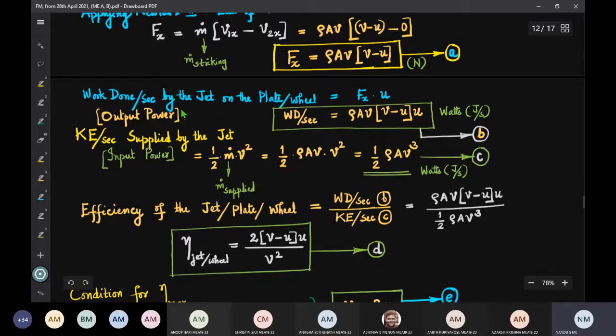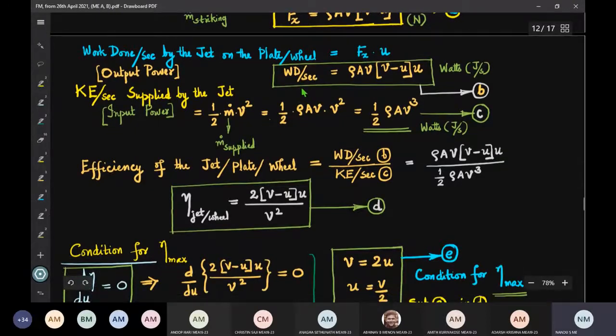So the work done per second by the jet on the plate of the wheel is Fx into U. Fx is rho A V into V minus U, into U. So this is the expression for the work done. Very important. This work done per second is the output power.